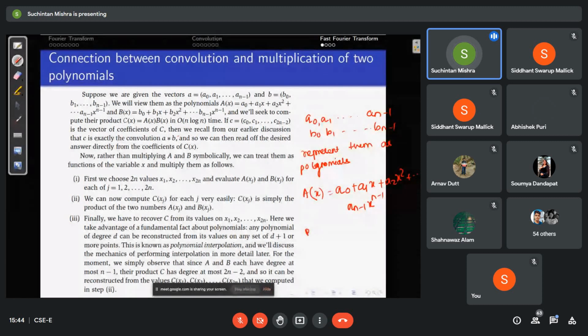Similarly, B of x is b0 plus b1x plus b2x square up to b n minus 1 x to the power n minus 1. So now I have represented the set of bits, or the signal itself, as two polynomials.